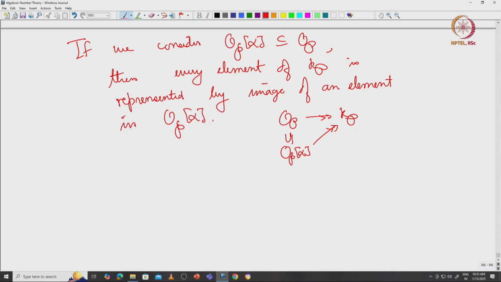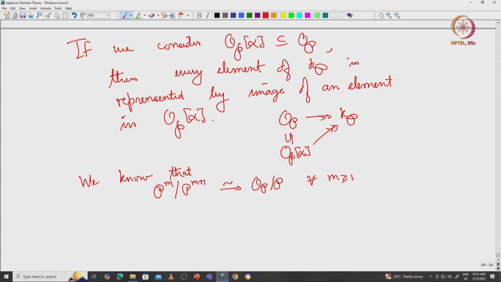Of course, that does not prove that O_p[alpha] is equal to O_P, and in fact that need not even be true. So, what do we do? Well, we know this fact: P^m modulo P^(m+1) is isomorphic to O_P mod P for all m bigger than or equal to 1, let us say.